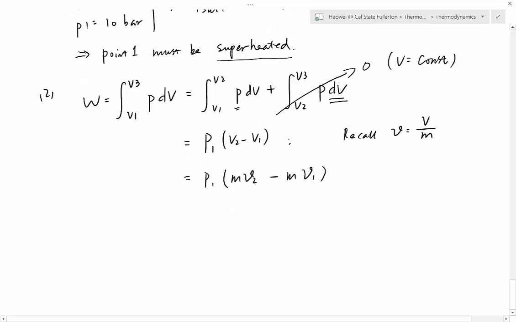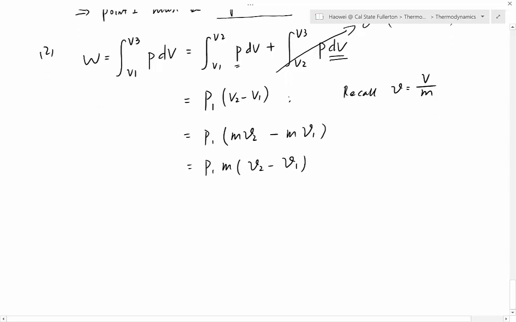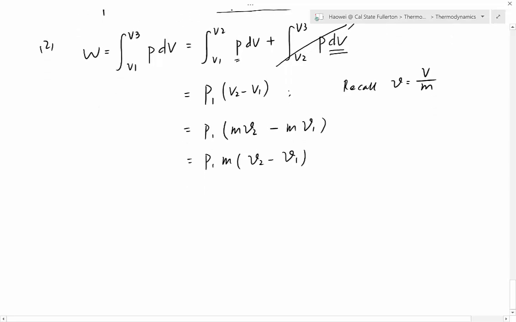And then we can take mass out of it. So it becomes P1 times mass times nu2 minus nu1. And then what we do is to move mass to the left-hand side. So the equation becomes work over mass, and that is equal to P1 times nu2 minus nu1.